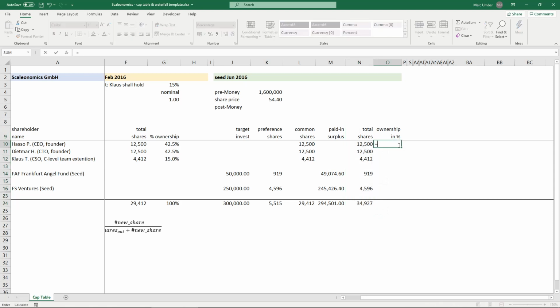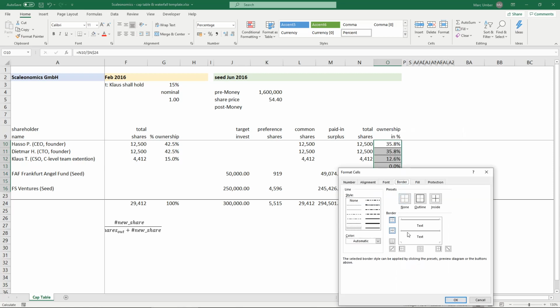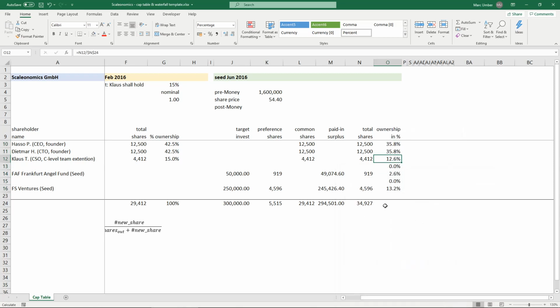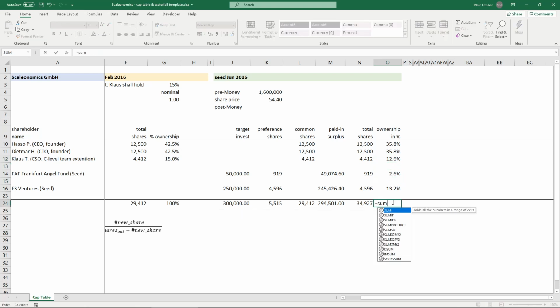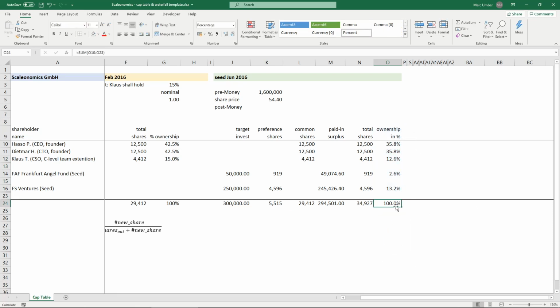Okay. You can calculate the ownership of all shareholders. Let's clean up here and check whether this is all correct, and we have 100%. And now we see for the first time the dilution effect for the existing management and founders.